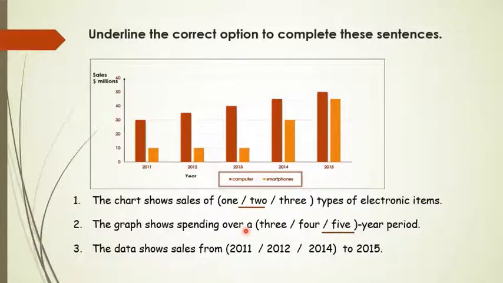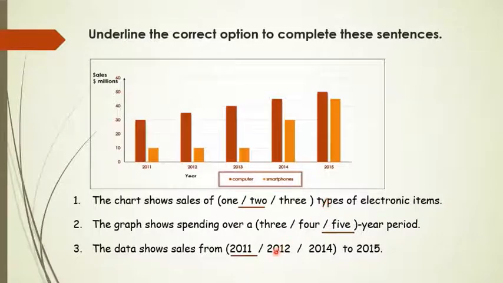The third one: the data shows sales from 2011 to 2015, 2012 to 2015, or 2014 to 2015. Can you guess? From 2011 to 2015. So the answer should be this.